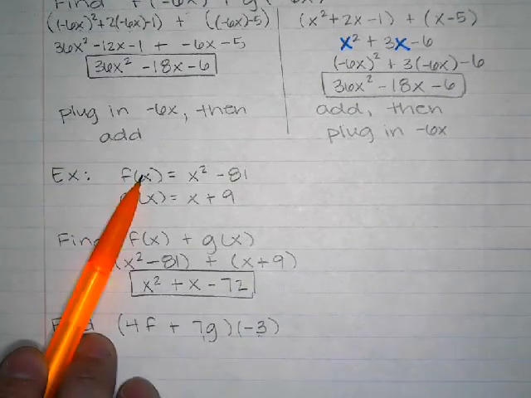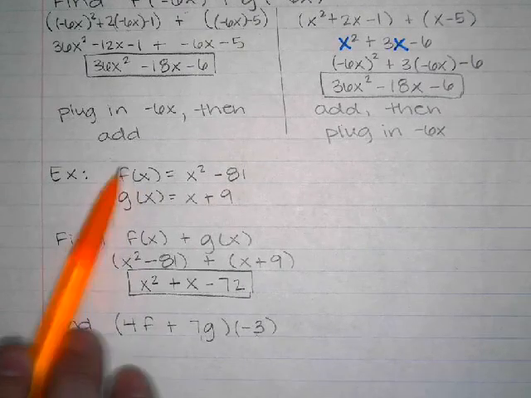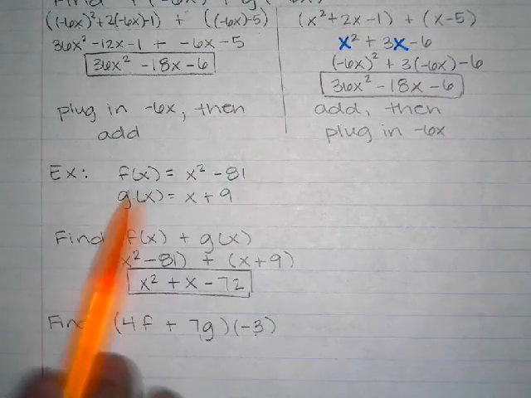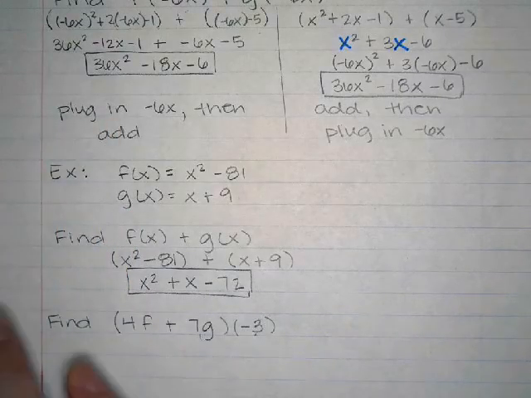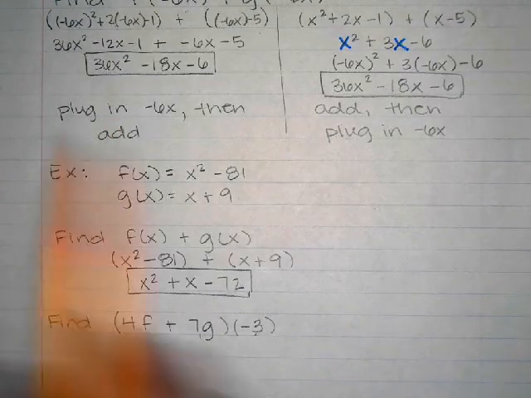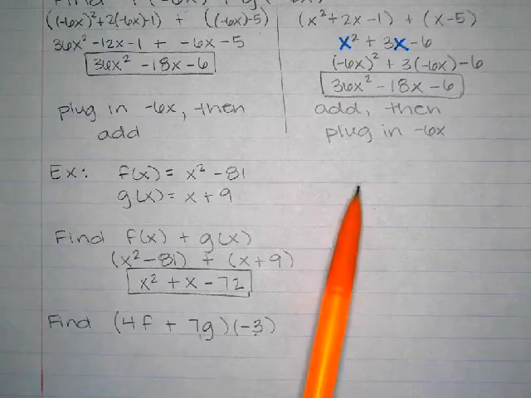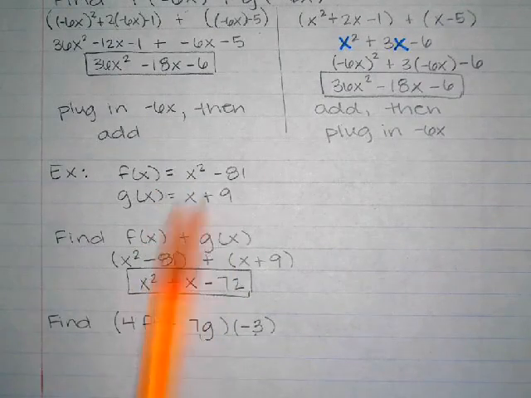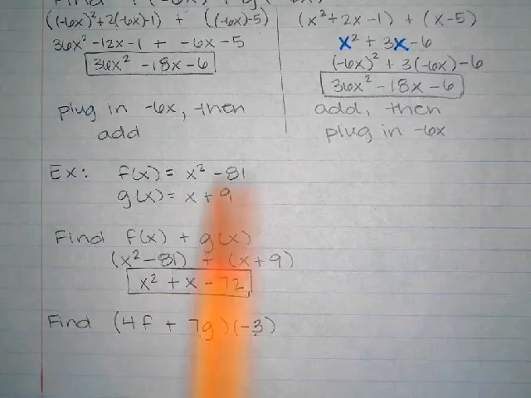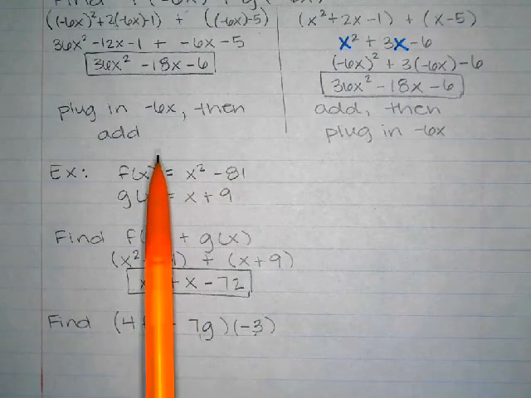So take 4 of these with negative 3 plugged in, take 7 of these with negative 3 plugged in, and then add them together. That's one option. The other option is that we could take 4 of f of x's with the x's, take 7 g's with the x's, add them together in terms of all the x's, and then plug a negative 3 in when we're done. Those are the two options that we could have.